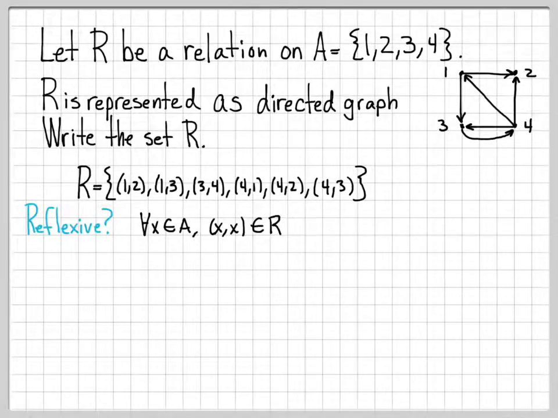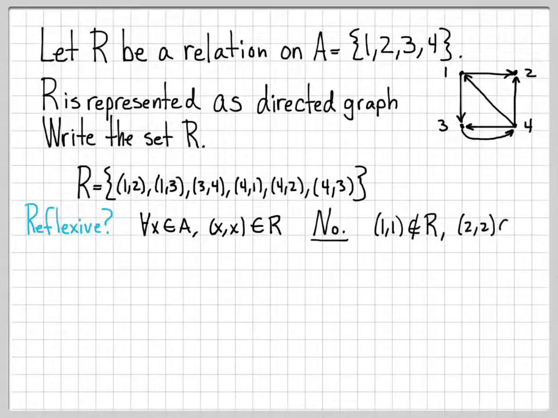It says that for all elements x in the set A, we need x, x to be in R. We can answer this question now from this definition, and very clearly the answer is no. This relation, the set that we just listed, is not reflexive because there are several elements in A that we don't see listed as x, x in R. For instance, the element 1 is in A, but the element 1, 1 is not in R, which is what you need to be reflexive. So there's one point that violates the definition of being reflexive. So no, this relation is not reflexive.